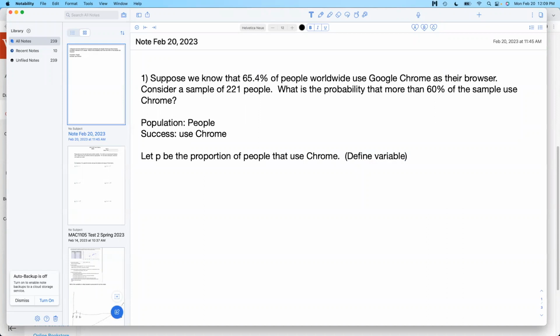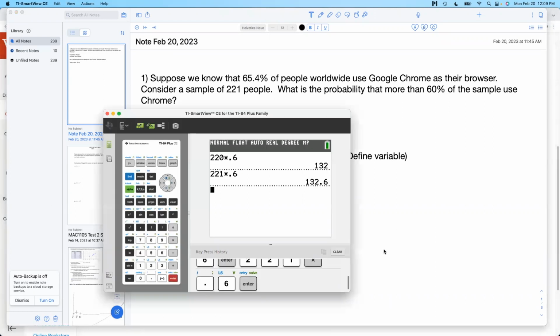In these proportion problems, we're told that P equals 0.654. I want to turn that into a decimal. That's what we're given. So that means Q, the population proportion of failure, the people that fail at using Chrome, is always 1 minus P. Make sure you have all this written down in your notes.